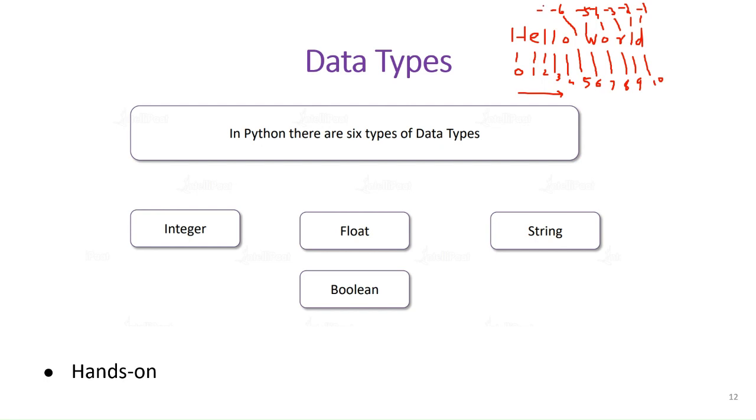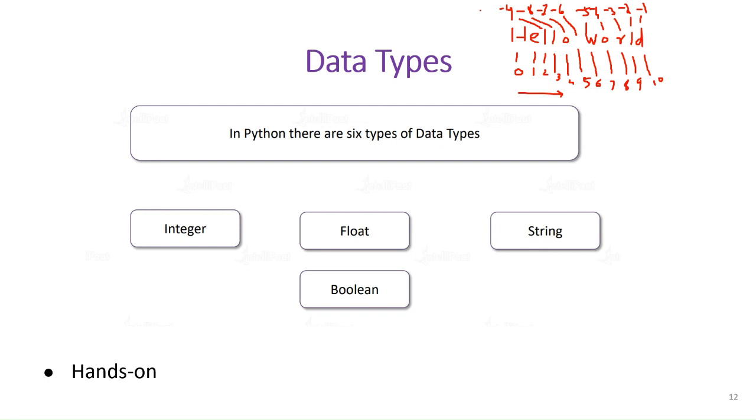Similarly, -7 is O, -8 is L, -9 is L, then -10 and -11.